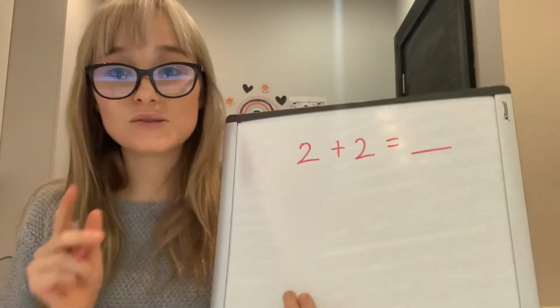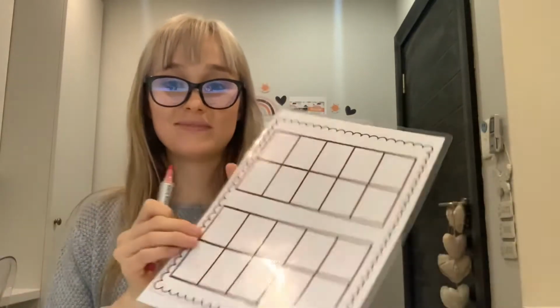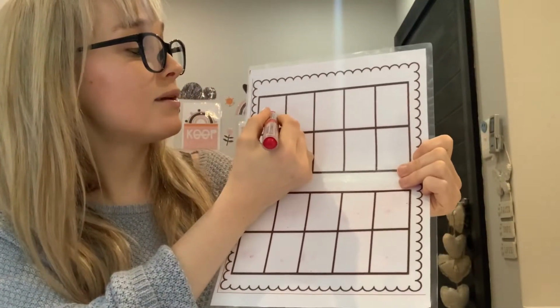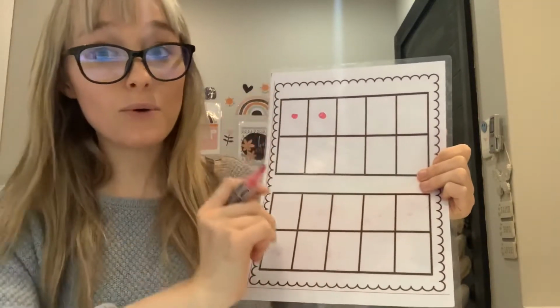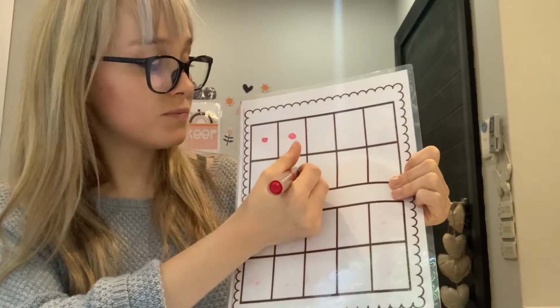We are now going to work out the answer together. We can use counters, our tens frame, or our fingers. What would you like to use, Blake? You would like to use the tens frame as well? Perfect. Let's count together. 1, 2, and now we need to add our other 2. 1 and 2.